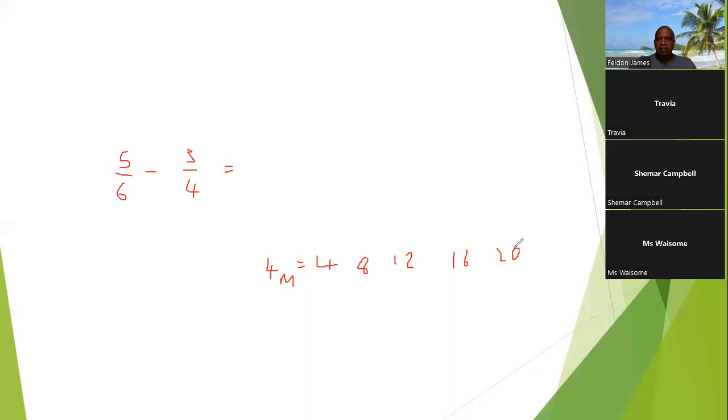All right, so these are multiples of 4. Why are they called multiples of 4? Because 4 can be divided into those numbers, sir, without a remainder. That's an idea, yes, but think about it. What are multiples?